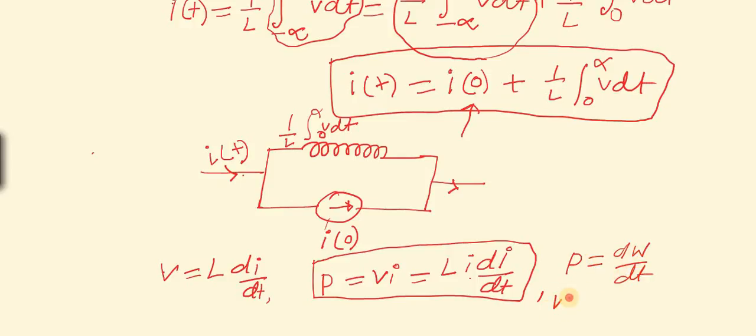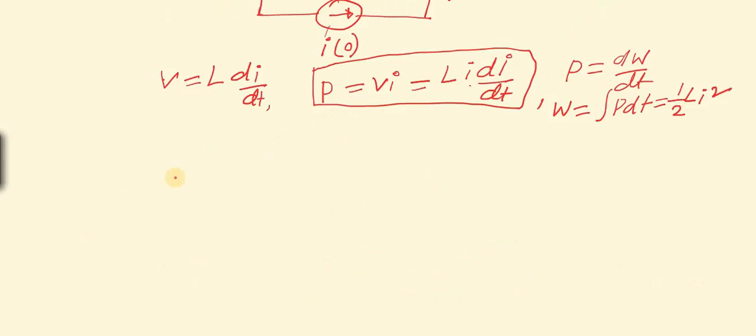From this we can write P dt, and put this value of P in this equation, which will give energy is equal to half L into I square. So the energy absorbed through any inductor, W is equal to half L I square.